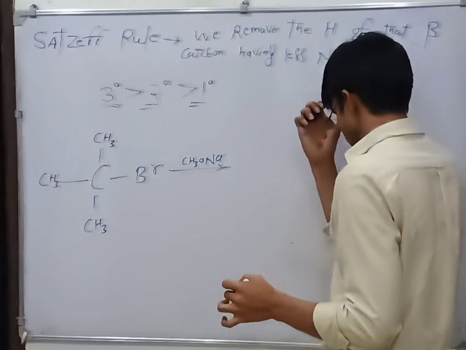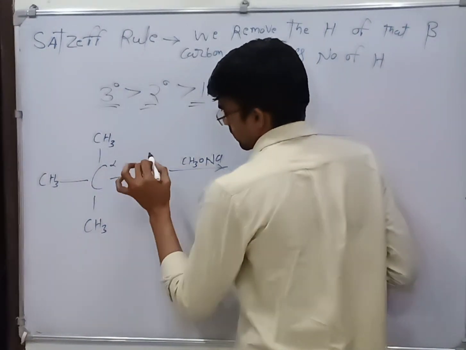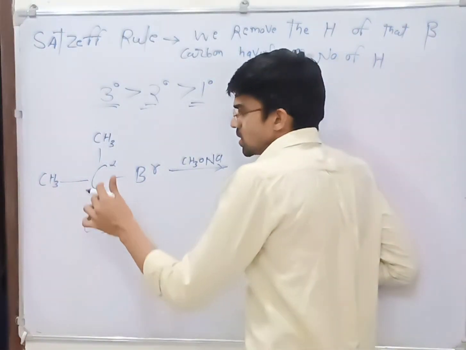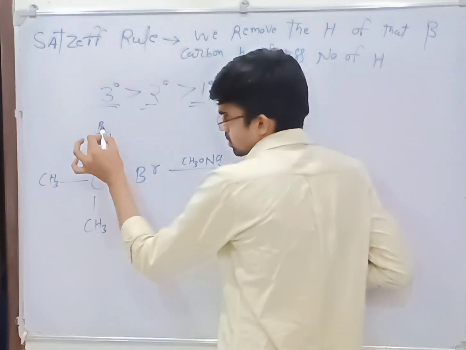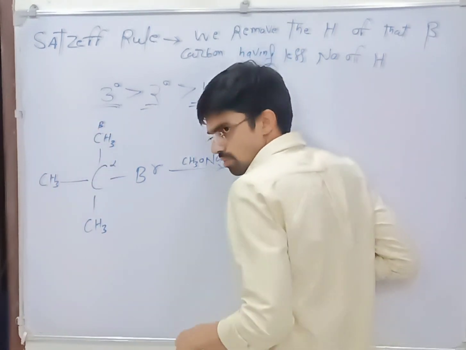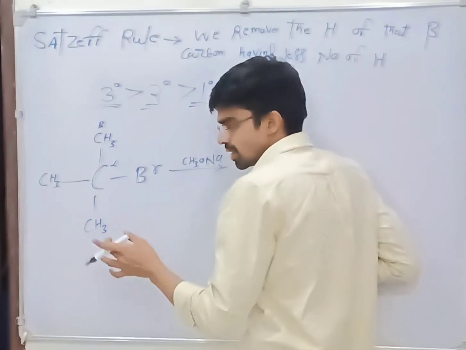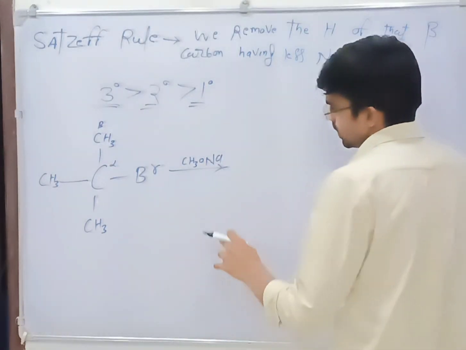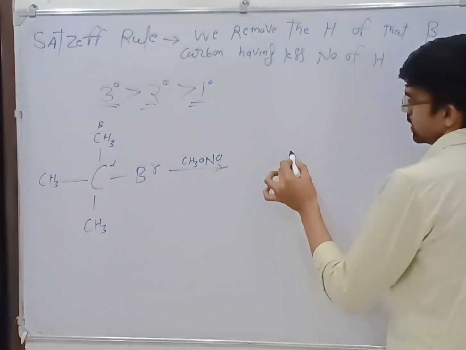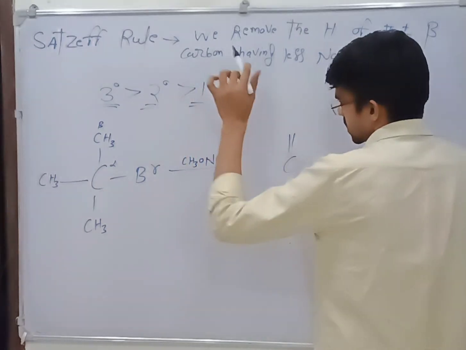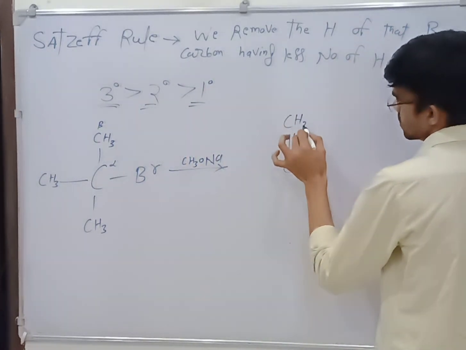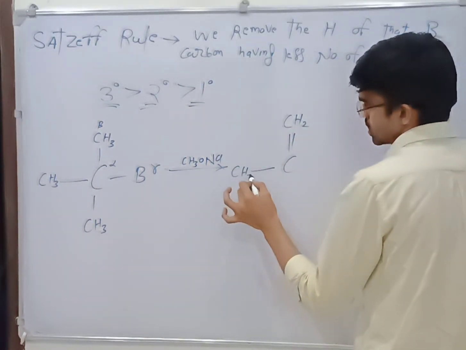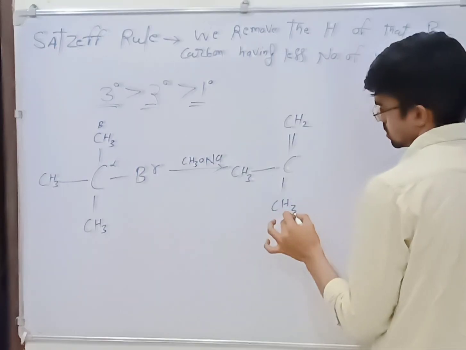Now what will happen? This is your alpha carbon. So hydrogen can be removed from this carbon or from this carbon or from this carbon. From any of the beta carbons, hydrogen can be removed, and it will give a stable product. That is, if the hydrogen is removed from this carbon, the double bond will form here, CH2, CH2.